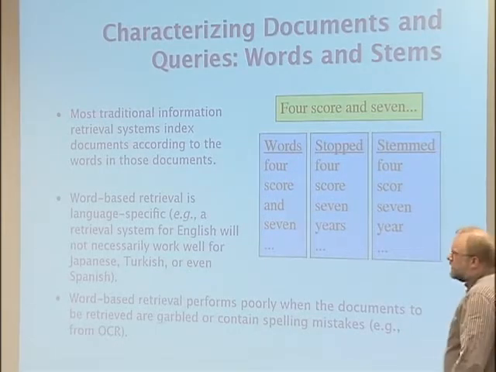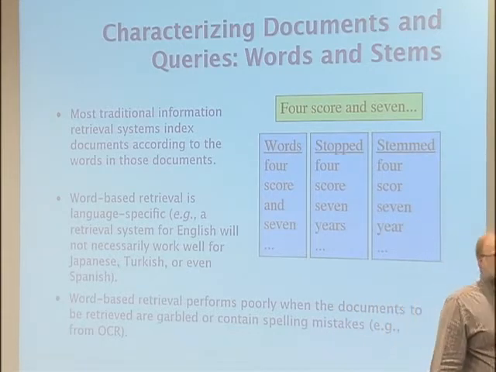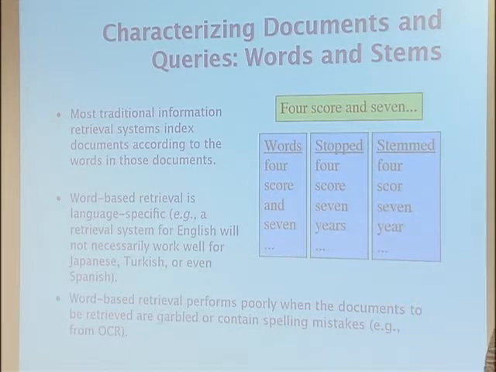Okay. Now there are a couple of processes that tend to get done on these words in information retrieval systems that are called stopping and stemming. Okay. Stopping is simply throwing away words that you don't think are going to be helpful. Okay.